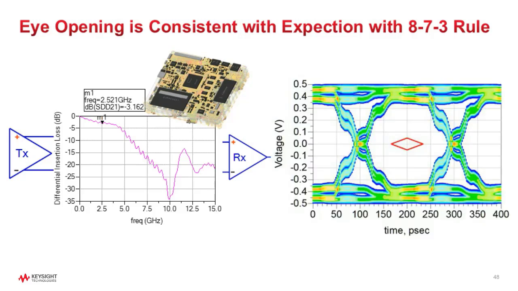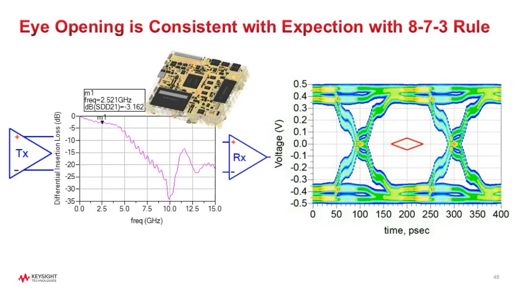Sure enough, the eye is still open based on the A73 because we specify the A73 rule, the A dB of loss is at Nyquist, and we are within that limit. So the eye should still be open. But what we observe is all these reflection noises coming from the impedance mismatch going up to the dip.